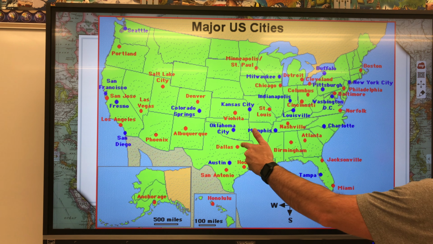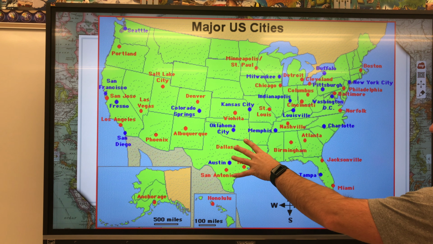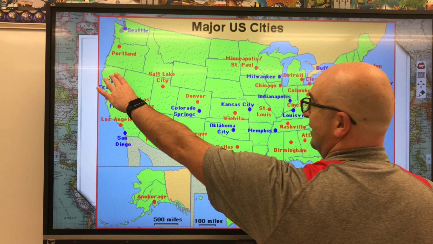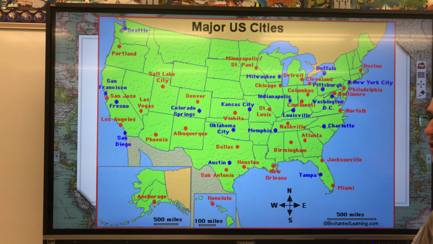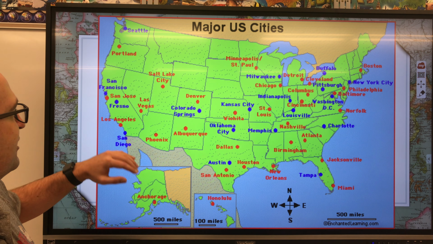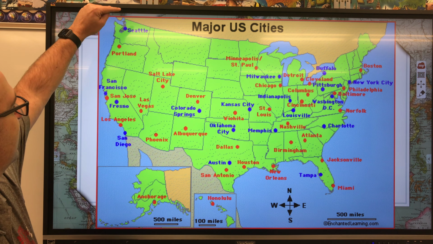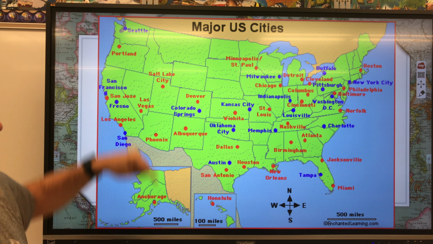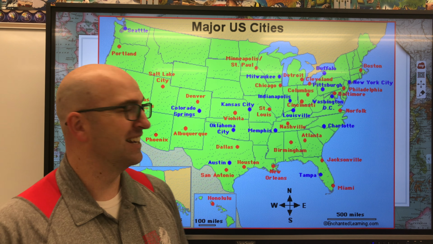Then you have Houston, Dallas, Austin, San Antonio, because Texas has a lot of people in it. And then in California, San Francisco, Los Angeles, San Diego. Those are some of the bigger ones in California as well. Other big cities you've probably heard of: Las Vegas, Nevada, Phoenix, Arizona, Seattle, Washington. So just pointing out some of our major cities in the United States.